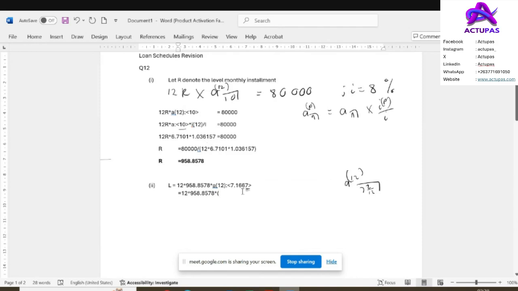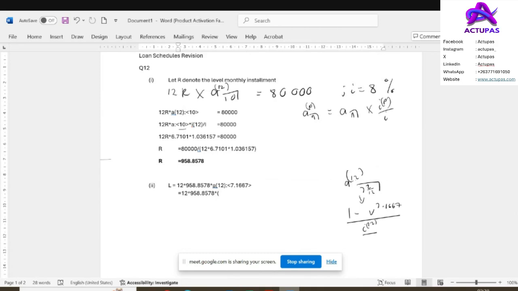Let me just write it here so that you see. This can be written as 1 minus V to the power 7.1667 over I12, which we can get from the tables.